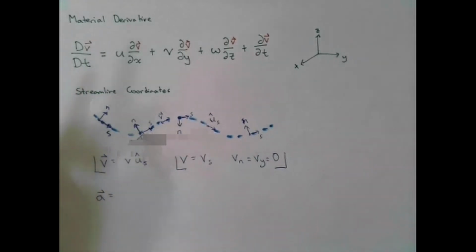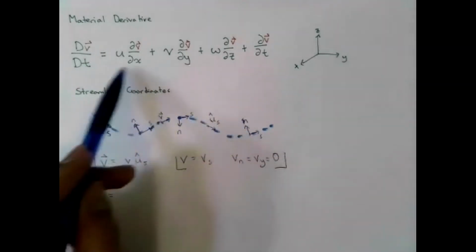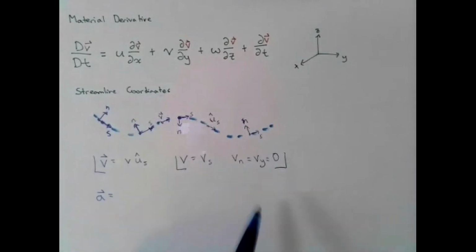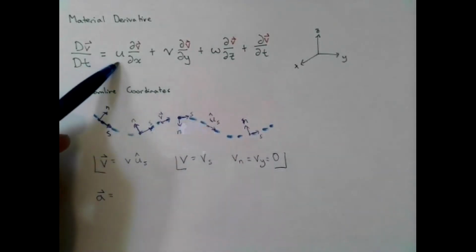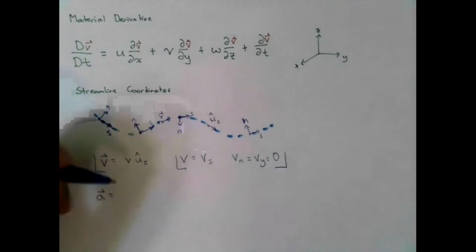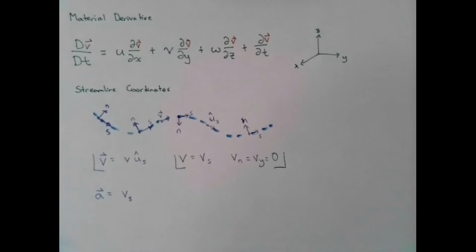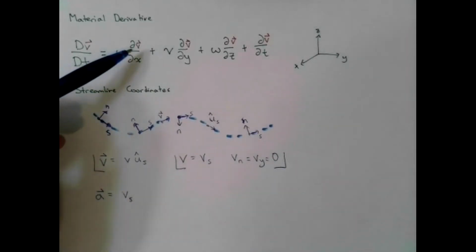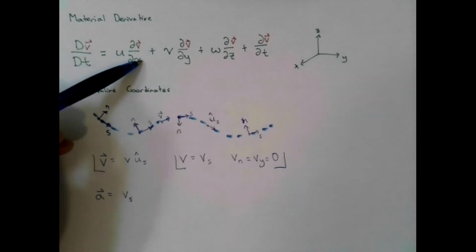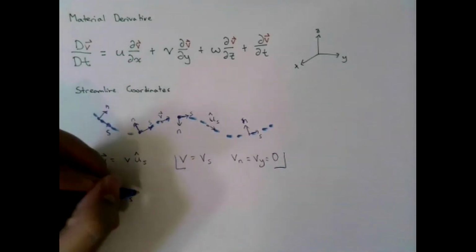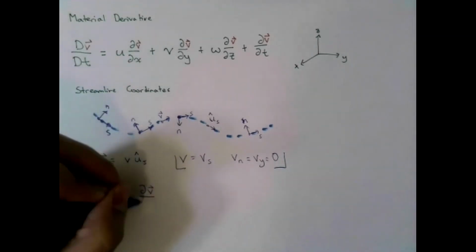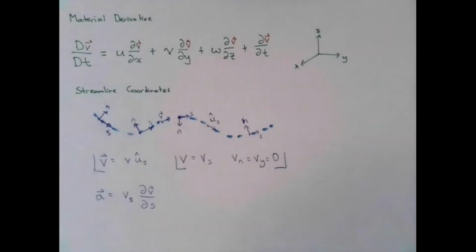If we look at the acceleration in Cartesian coordinates, the acceleration in streamline coordinates will actually be very similar. Instead of the velocity component in the x direction, we'll have the velocity component in the s direction, in the streamline direction, multiplied by the partial change in velocity with respect to not x, but a streamwise direction. So partial v over partial s.